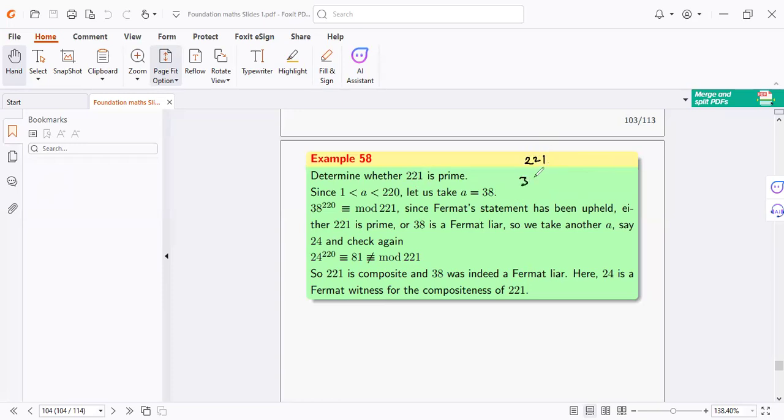I tried 38, and 38 lies to me. It tells me that the number is likely to be prime. I pick another number and try again, and it tells me that 221 is not prime. So at the end of the day, I know that this number is not prime.